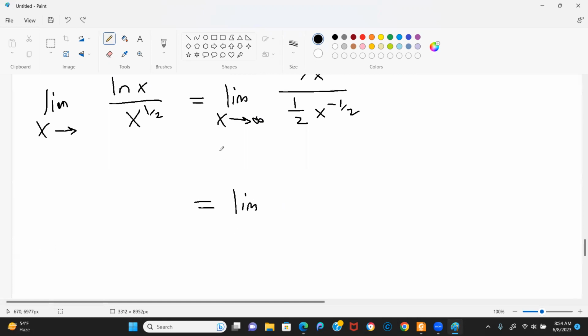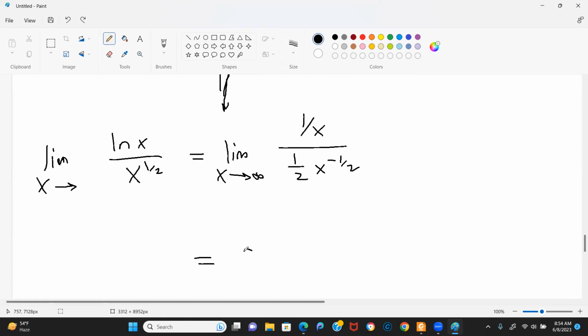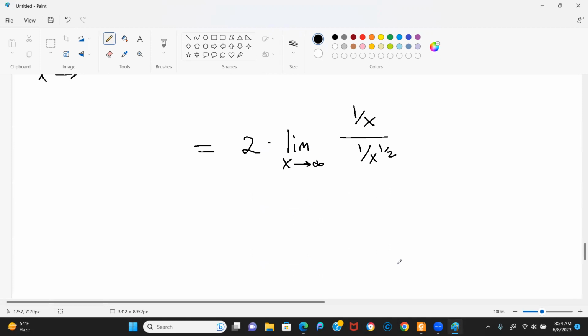The 2 I can pull out. It's a 1/2 in the denominator, so it flips into the numerator, and I can factor it out like this, and then I get 1 over x over 1 over x to the 1/2.